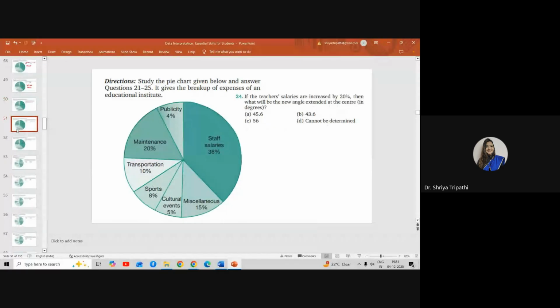Next up on the screen: if the teacher's salaries are increased by 20%, then what will be the new angle extended at the center? Answer quickly.